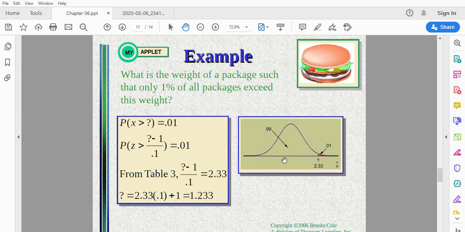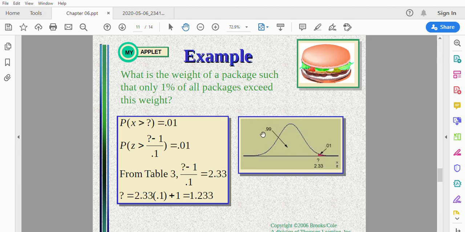From the table we can only get the below information. So we simply do 1 minus the below, z less than this value. When we do 1 minus 0.01, we will get 0.99.